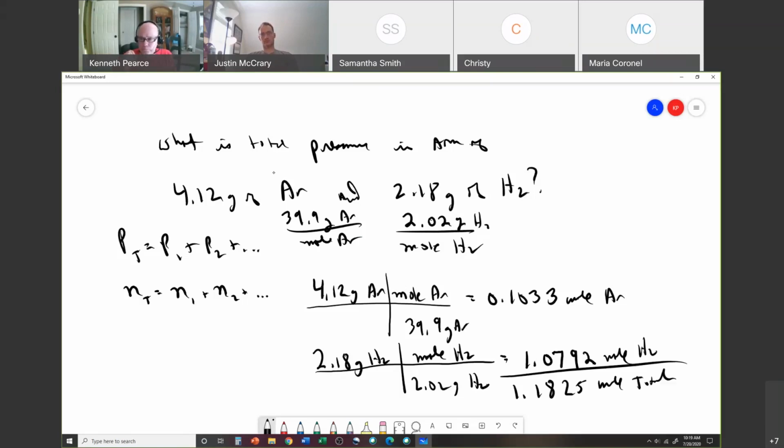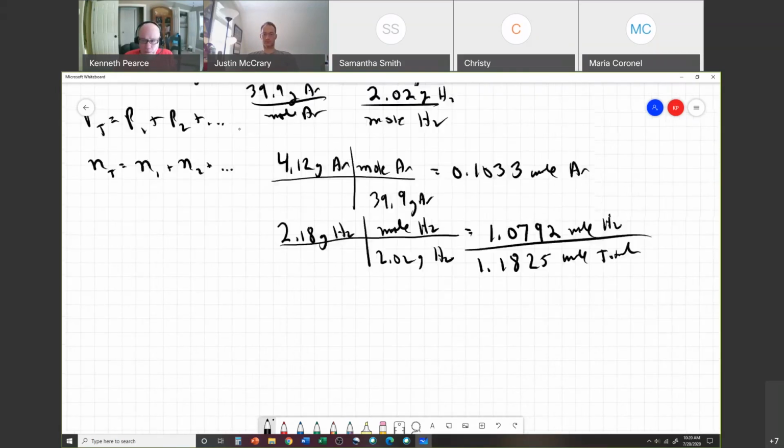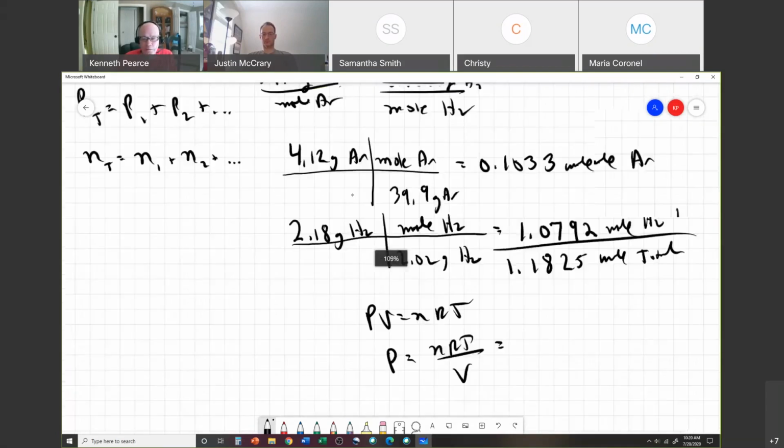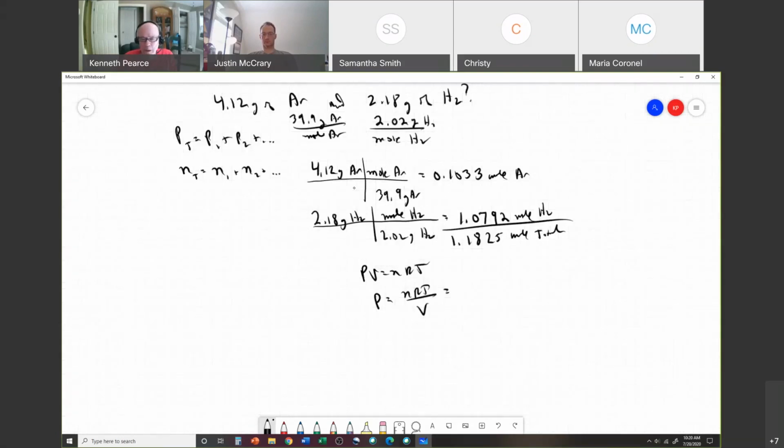there you go. Okay, now what? Well, now all I got to do is just plug it in there. So we're still looking for the pressure, and we say PV equals nRT. I'm looking for the total pressure, nRT over volume. Let me back up just a little bit.